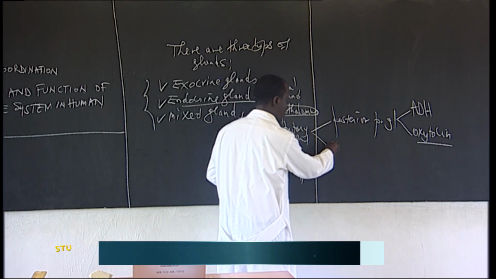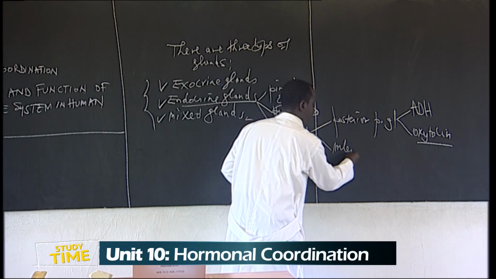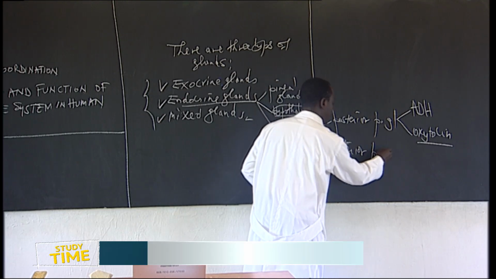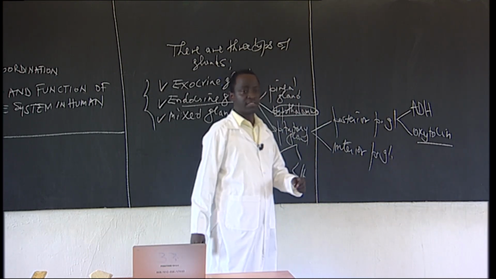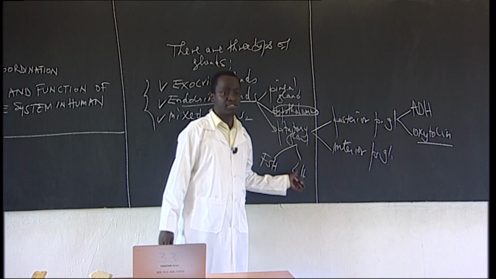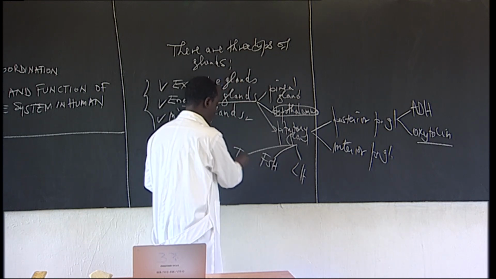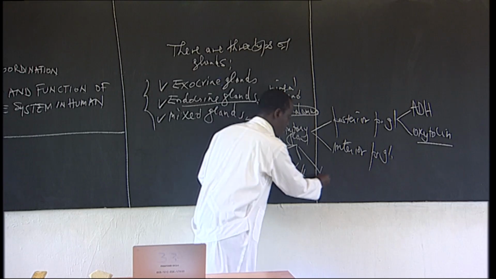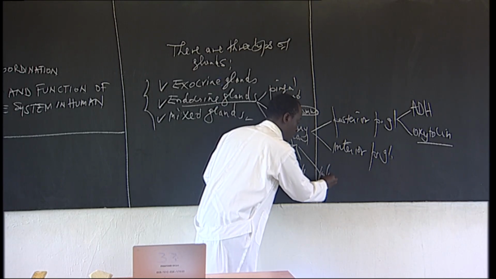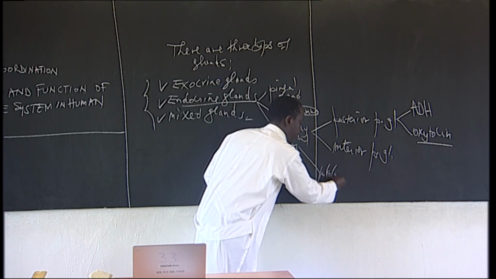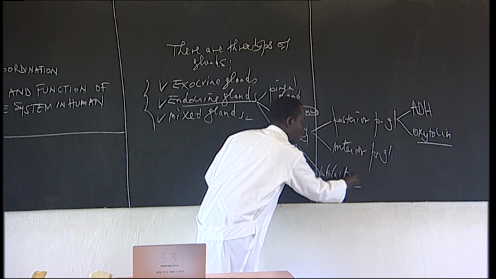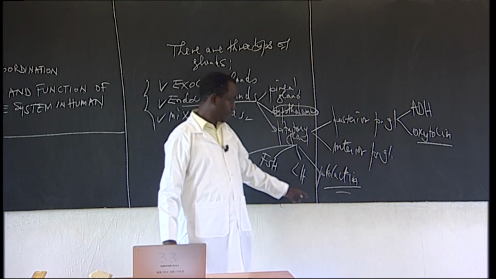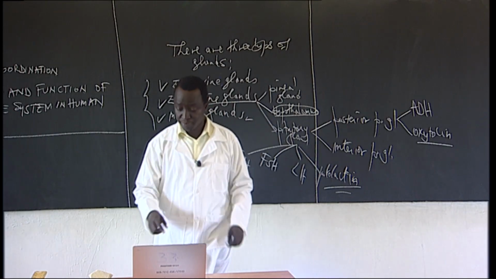We have also the anterior pituitary. The anterior pituitary gland is the one that secretes FSH, LH, TSH. We have also prolactin, which controls the secretion of breast milk during the sucking of the baby.